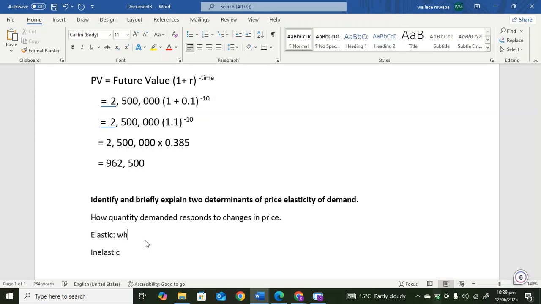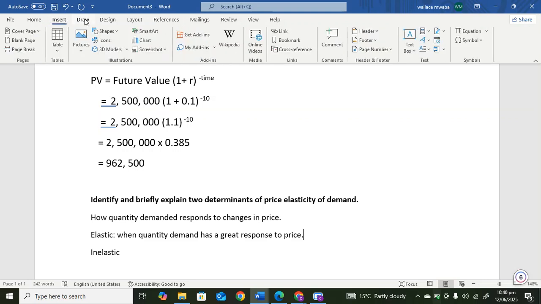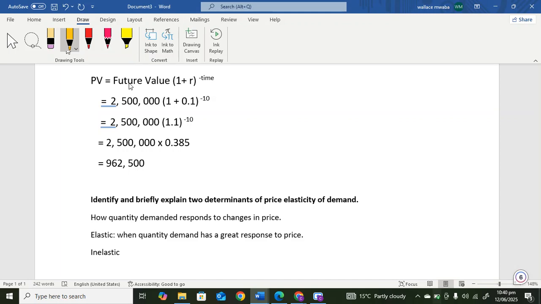So when quantity demanded has a great response to price, we call that demand elastic. When quantity demanded is very responsive to price, it means demand is elastic. What do I mean? For example, remember the law of demand. What is the law of demand?